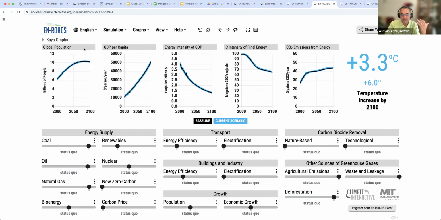So logically, if you multiply all these four out, you will get CO2 emissions from energy. And you can use these graphs to look at a whole host of things.